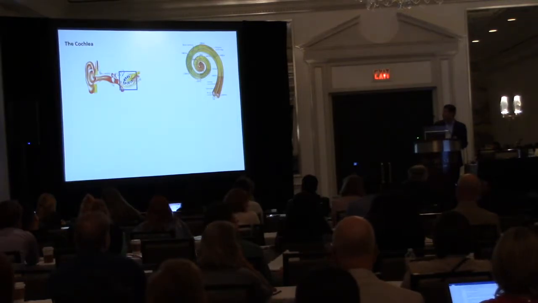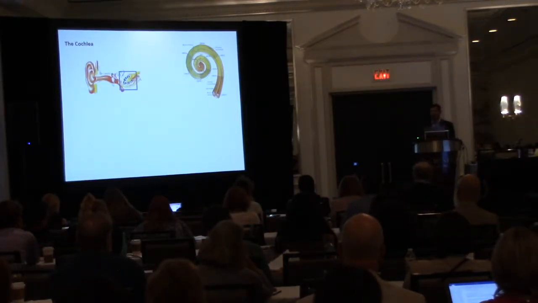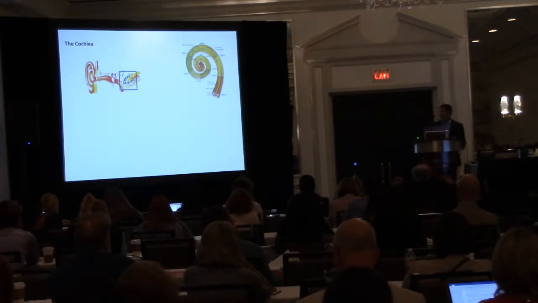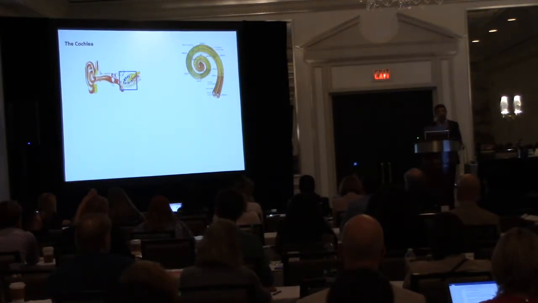The middle membrane is called the basilar membrane, and this is where the magic for sound perception really happens. This is a really interesting membrane. It's really tiny. If you stretch it out, it's about 32 millimeters long, and it has some very weird physical properties. So it's broader at the apex on the top and narrower at the bottom.